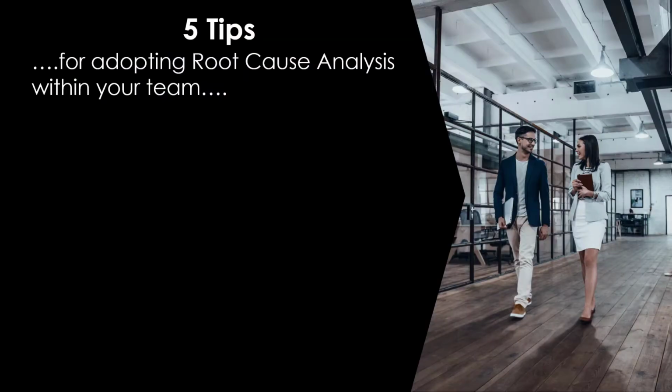Number 4, allocate an influencer. Invest in them and get them to become a champion and get them to study the various methods such as Kepner-Tregoe, the 5 whys, scatter diagrams, and so on. But get that influencer to be the leader around root cause analysis within your team.